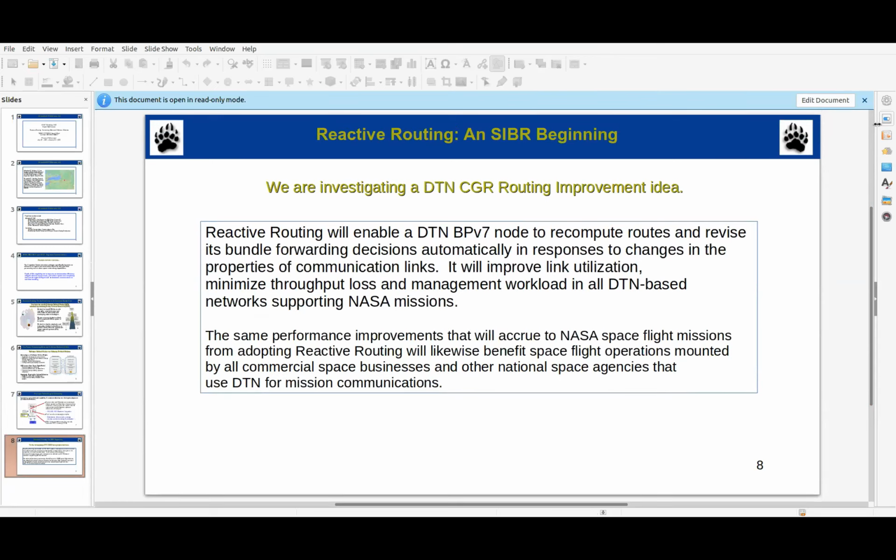We're going to be doing some experiments to see what parameters in particular can be used to facilitate DTN improvements in performance and simplicity of use. So that ends the technical portion, and we're looking for questions.